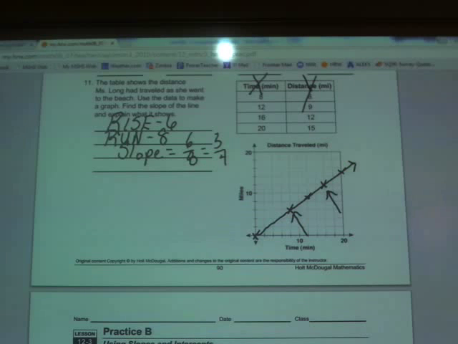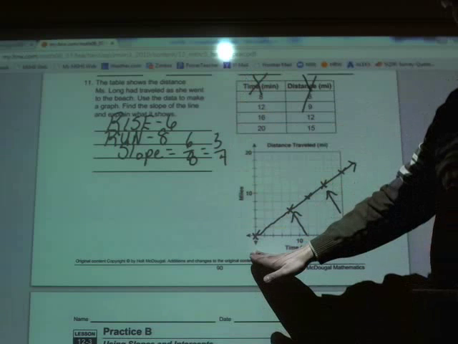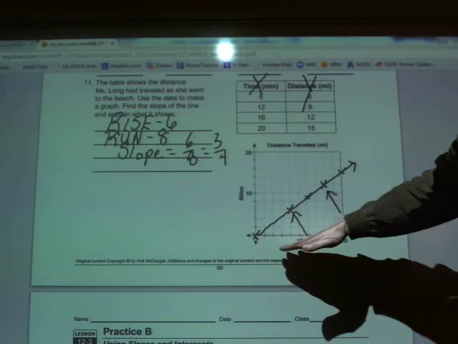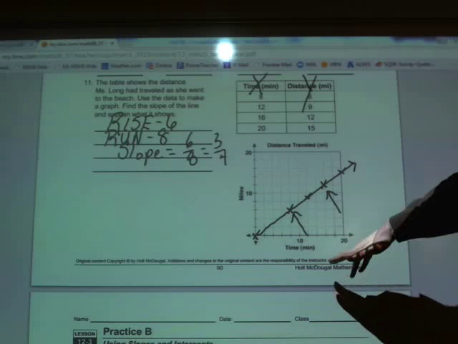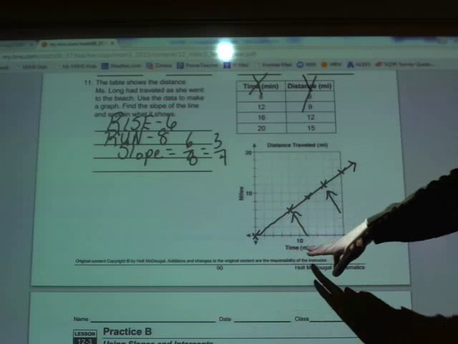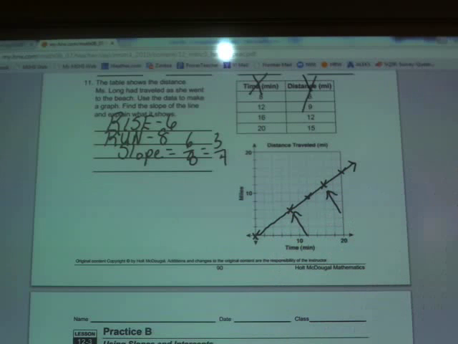Well, remember, one of the definitions of slope is it's the change in the y over the change in the x. Well, what do the y's represent? The y represents the miles, the x represents the time. So the slope here represents the change in miles over the change in time, which is a very good, clear definition based on what we know slope means.